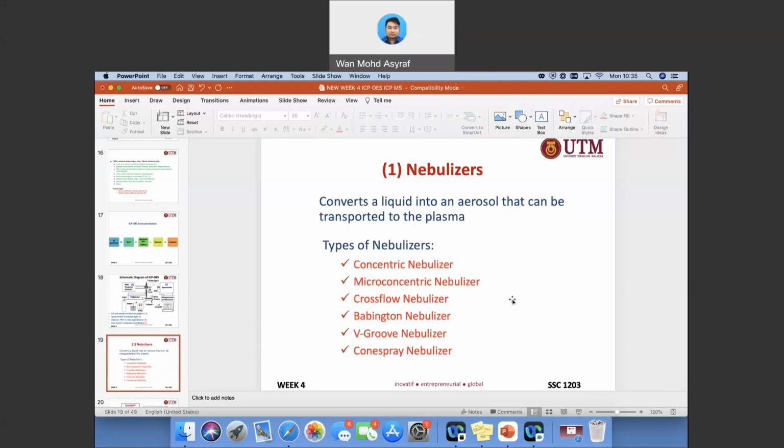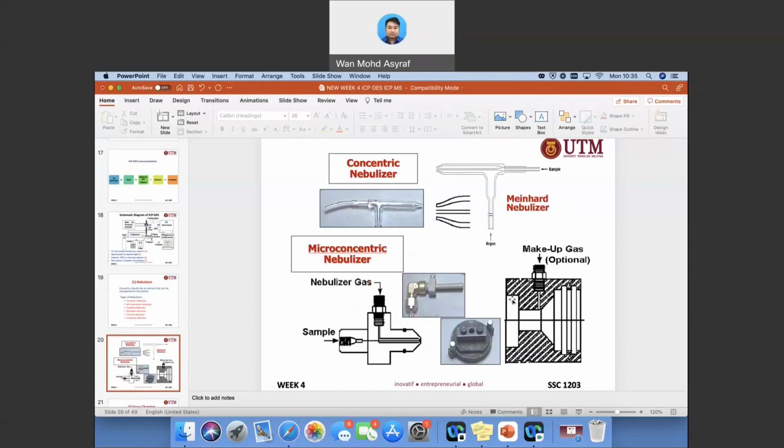It is sufficient for you to know the types of nebulizers available for ICP-OES, such as concentric nebulizers and micro concentric nebulizers. All of the nebulizers have the function of converting the liquid, which is your analyte, into aerosol particles so it can be carried into the plasma.